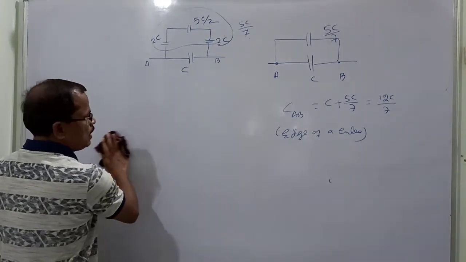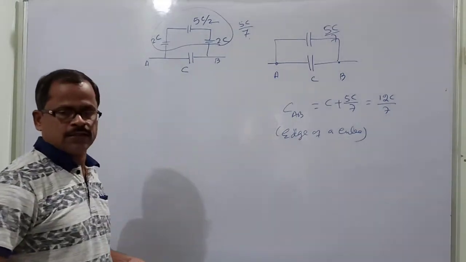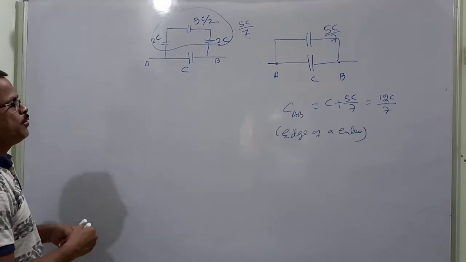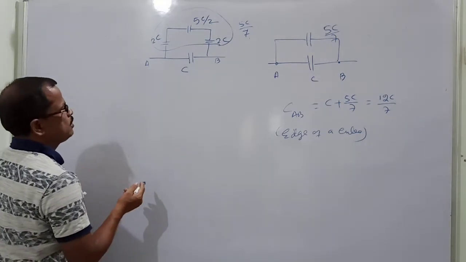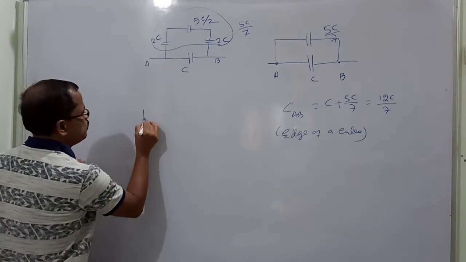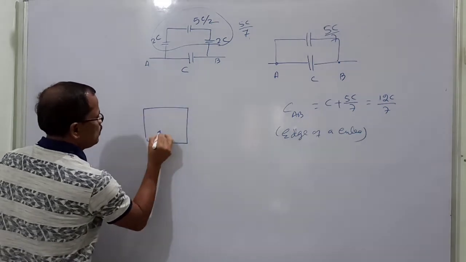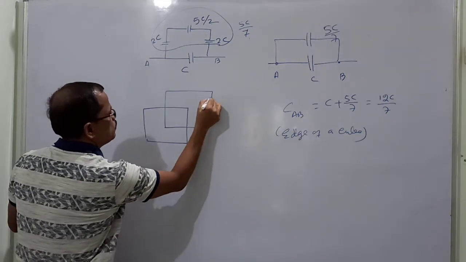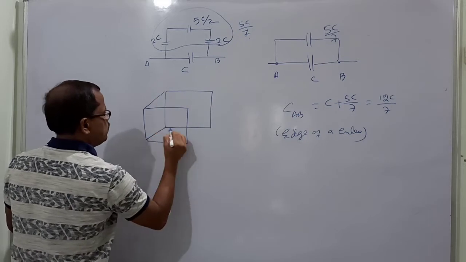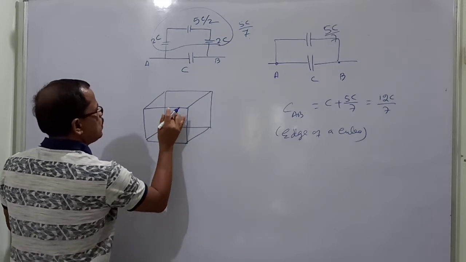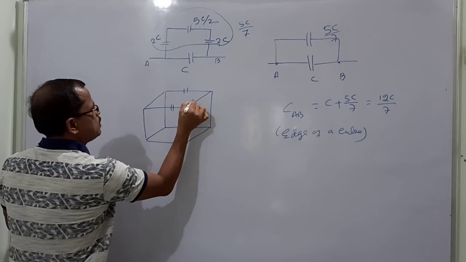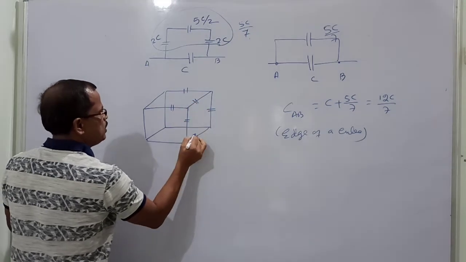Look here, another important part. So I am going to explain here. Everybody please look at here. Now this is the cube. Now the capacitors are connected like this. Please go through it carefully.